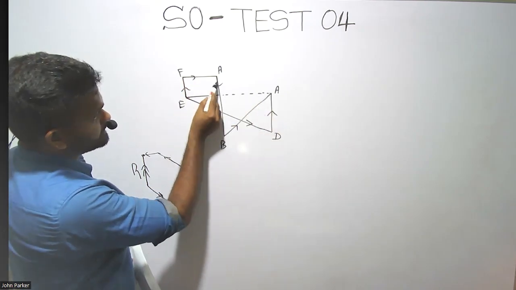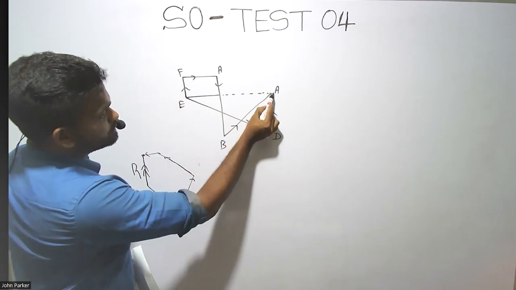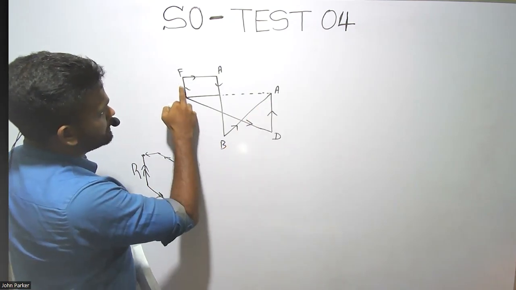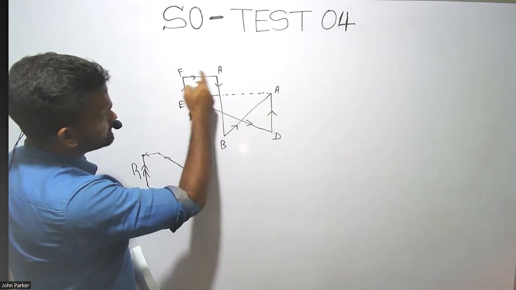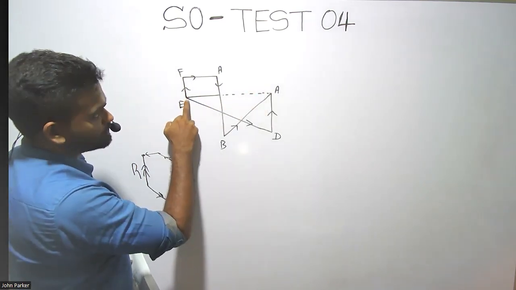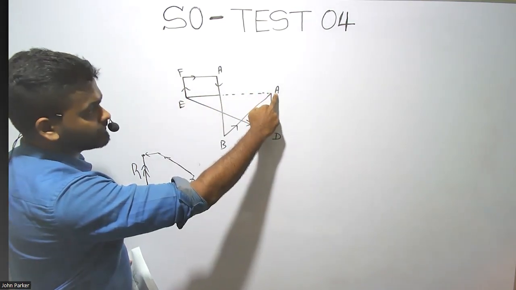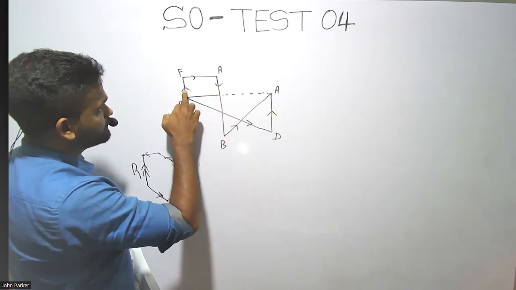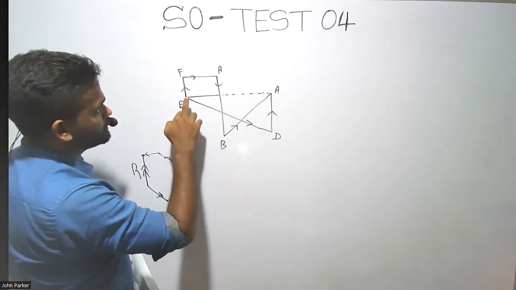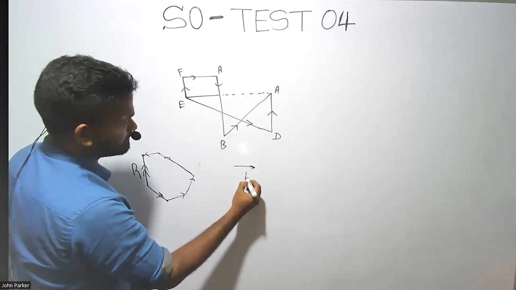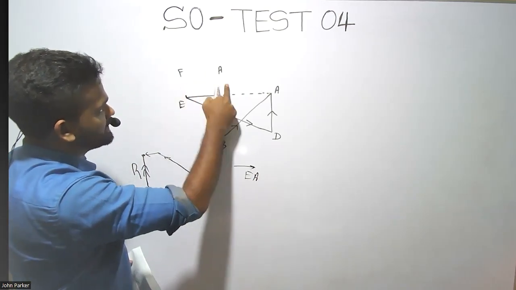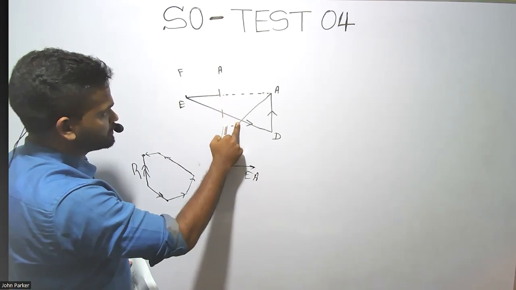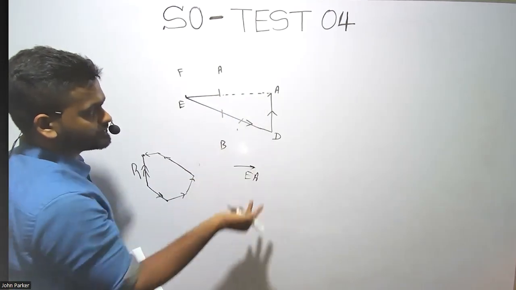So it goes like this. What should be the resultant of all these? There are four vectors. It starts from E, ends at A. So instead of this whole thing, you can just put EA, because that's the resultant of all those vectors.